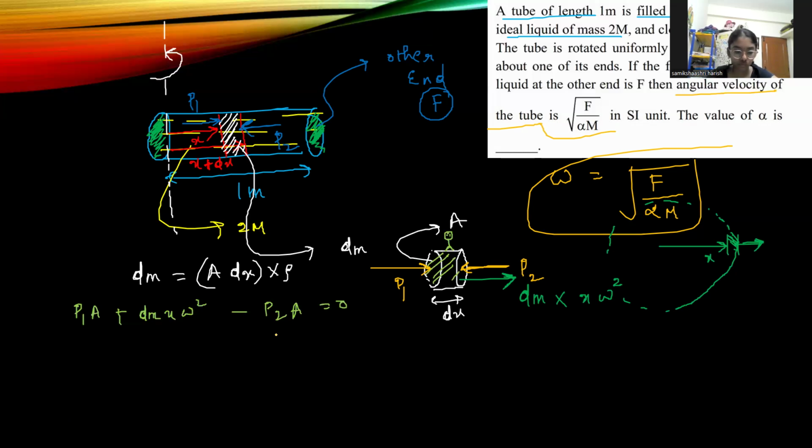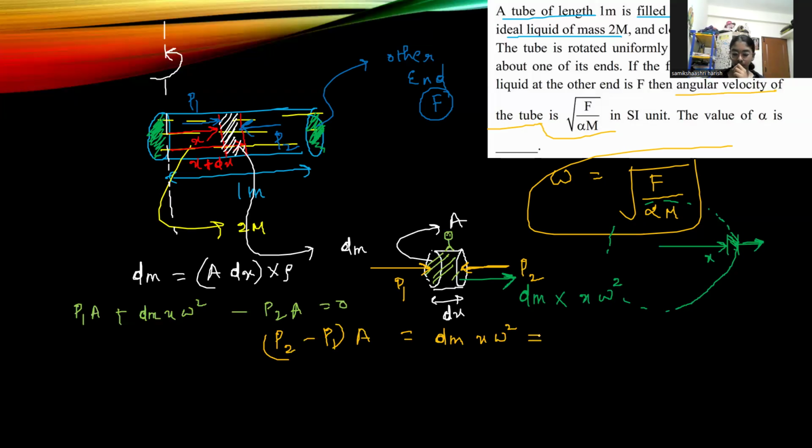So can I say that P2 minus P1 into A is dm x omega square. This is the pressure difference.